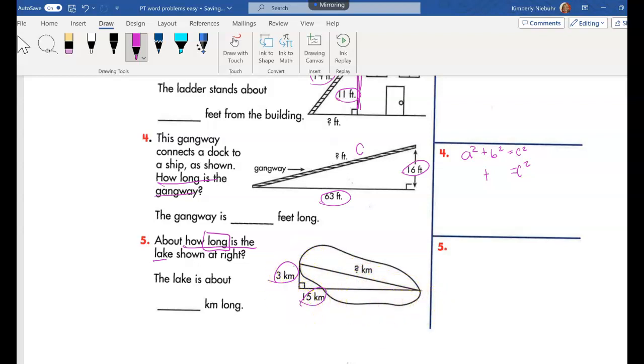And this is a mark meaning a right triangle, and the hypotenuse, or side C, is always across from that. So we definitely know that this is side C. So whatever operation you use to solve number 4 correctly is going to be the same operation you use to solve number 5. Meaning, do we add or subtract? Because again, we're solving for C. The lake is about blank kilometers long. All right. Good luck. I know you'll do well.